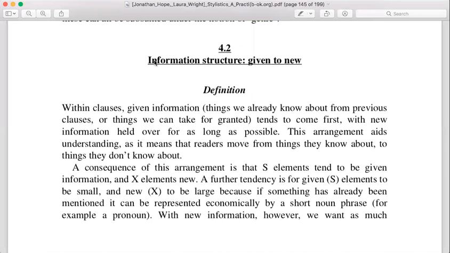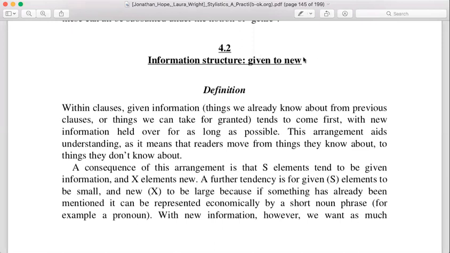And this kind of structure, given and new, gives coherence to the text, right? Now, what other thing you need to understand is that given information is usually small or short, and the new information is elaborate, because for new information you need some more details as compared to the given information, because it is assumed that the reader or the listener already knows.